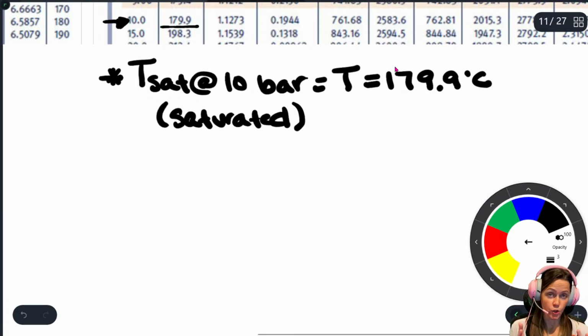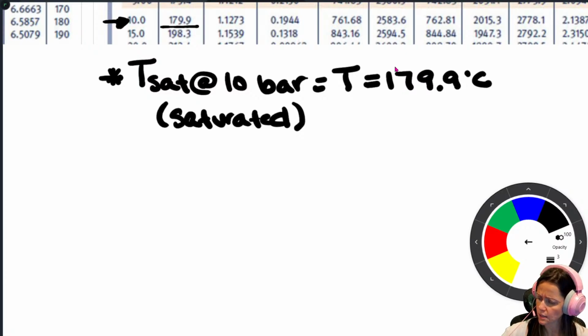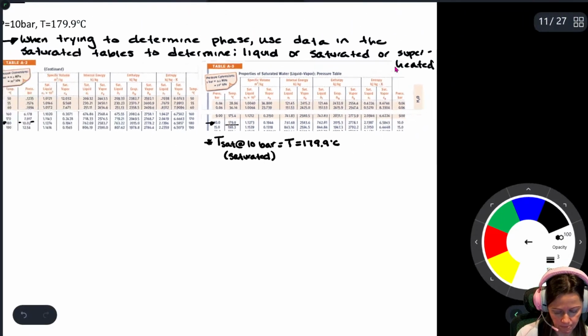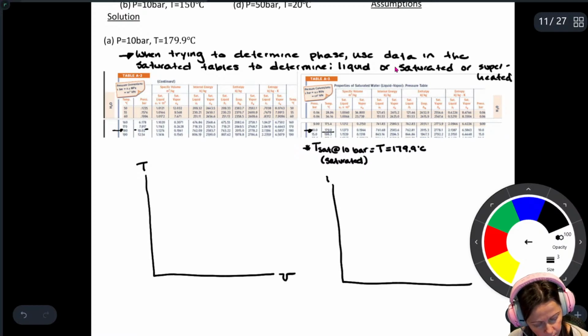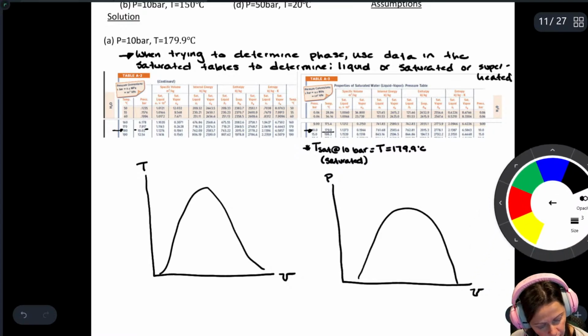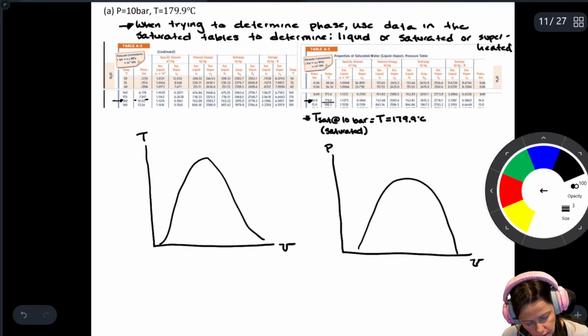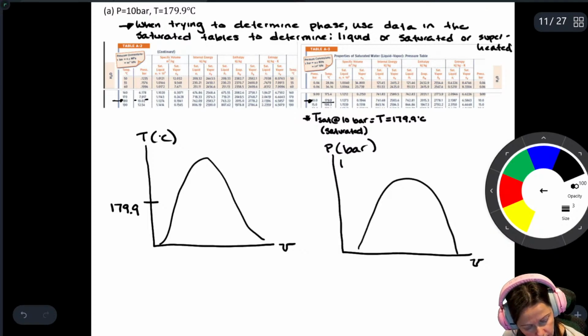which means that it's either on the dome or it's underneath the dome. If I'm supposed to draw a TV diagram or a PV diagram, here's my dome for the TV, here's my dome for the PV. This is 179.9 degrees Celsius. Say this is 10 bar.